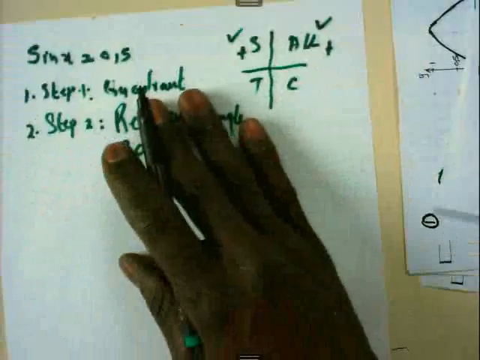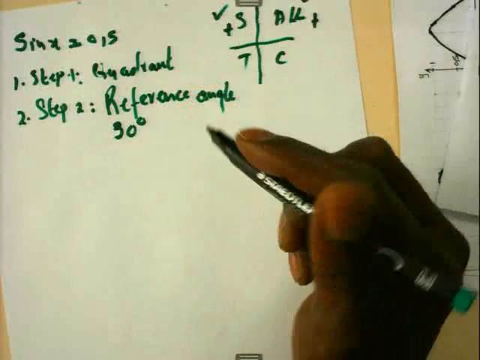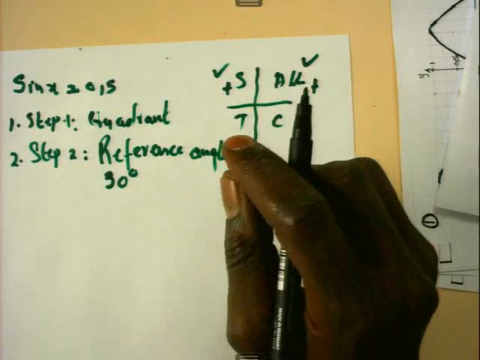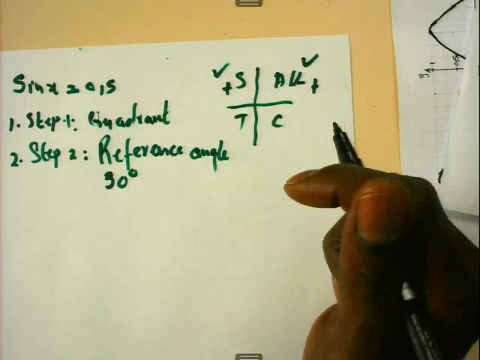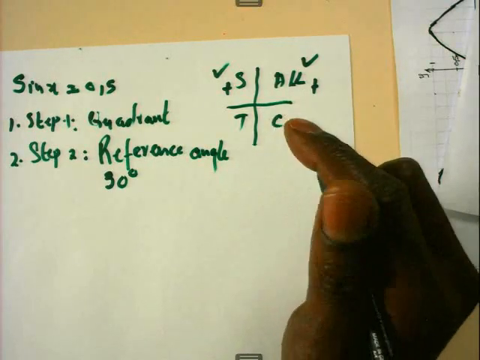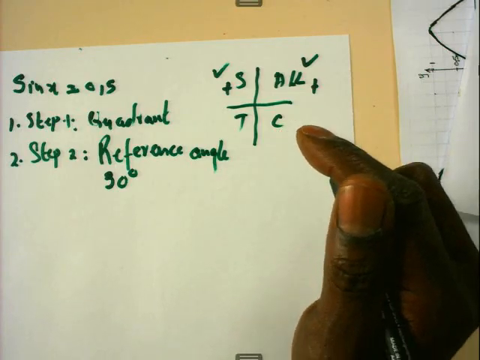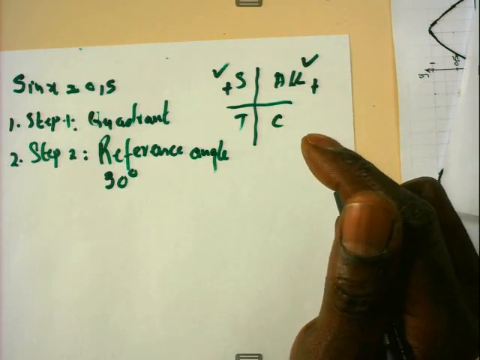The answer is yes. The reference angle may be the solution in some instances. It may not be the solution in some other instances. As we go along, you'll see what I mean.